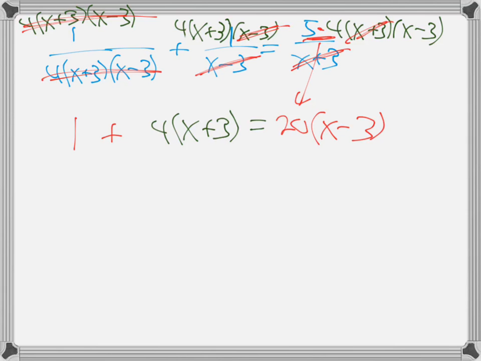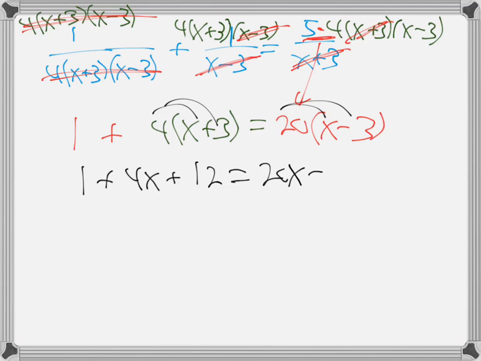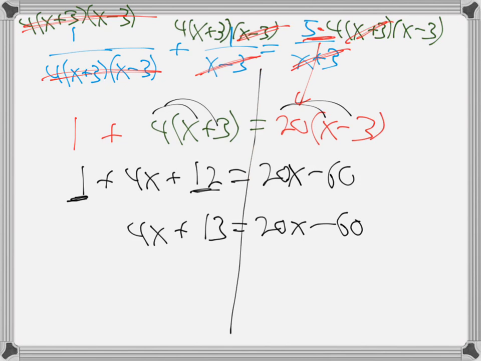We good to there? All right, keep going. So then this distributes. Distribute: 20x minus 60. Okay. 4x plus 13. Did I do something bad? Oh yeah, right. So these will combine. 4x plus 13, I just add those up.